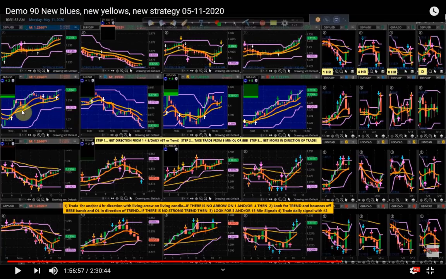Okay, and again, if you just stick to trading in the direction that price is going until, you know, you lose a trade, or until you are sure that the market's turned, then you're gonna be fine.